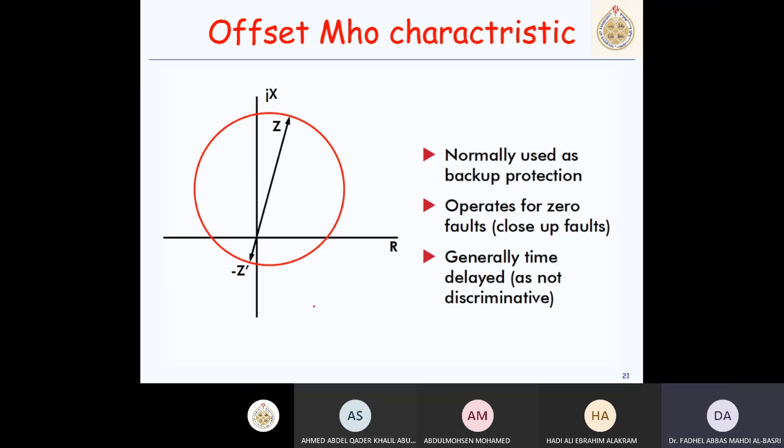If I have a line and I have a distance relay here, 21, and a fault is here, I want a fault in the bus, or behind the bus, I want to have a sort of backup backside. This can also be detected by this.